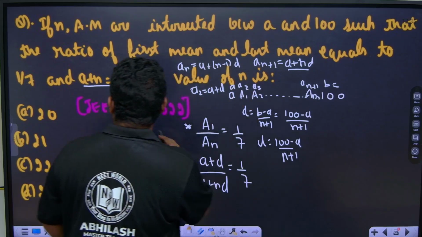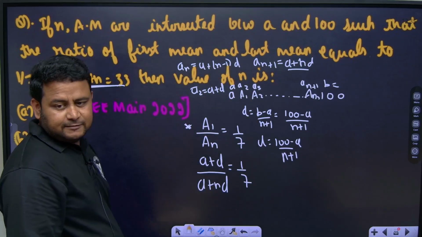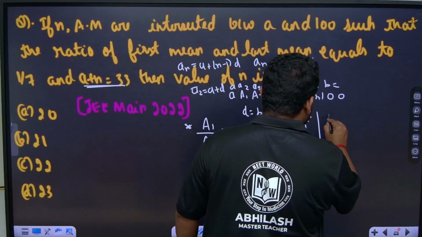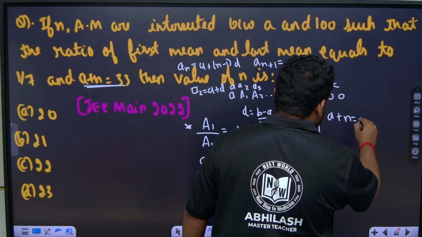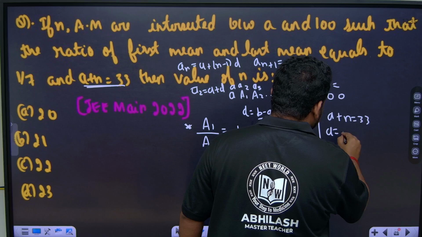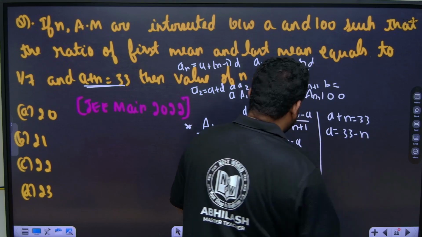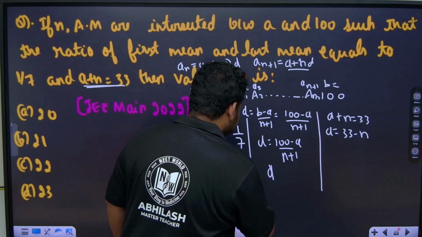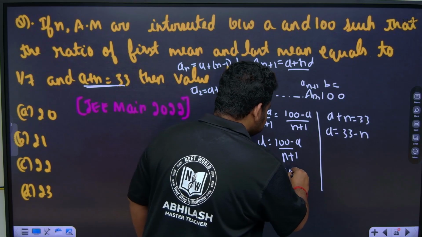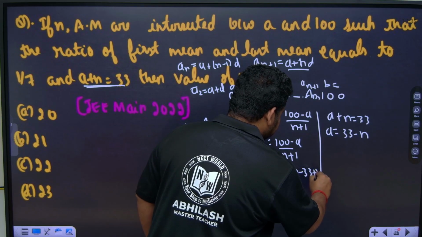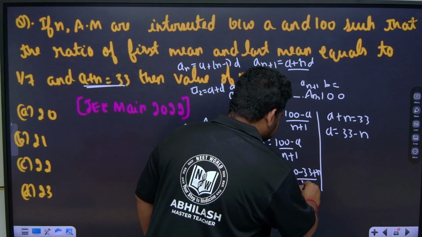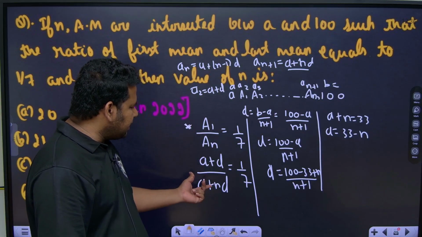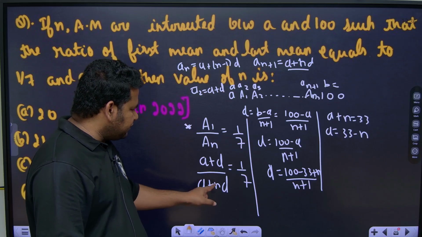Now one more thing they have given: a plus n is equal to 33. So a is equal to 33 minus n, so wherever a is there I can put 33 minus n. So d is equal to (100 minus 33 plus n) by (n plus 1). Now I want to find the value of n.